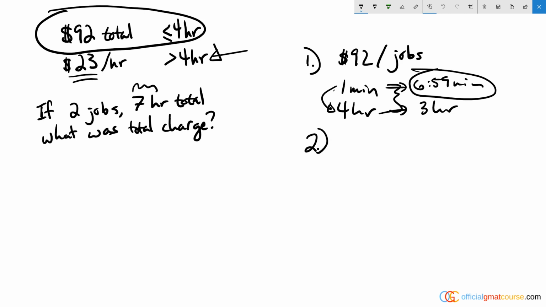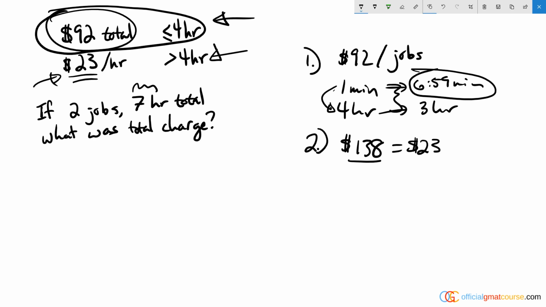Statement 2 says, if we look at how much he charged on one of the other 2 days, it was $138. Well, this must not have been this situation, because it would have been $92 exactly. That second situation, though, has to be the situation we're dealing with, which means this is equal to $23 per hour times X hours.